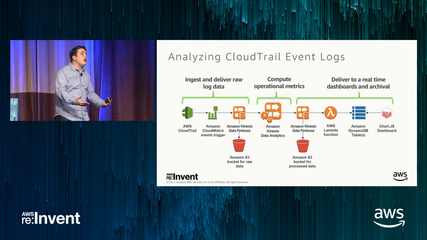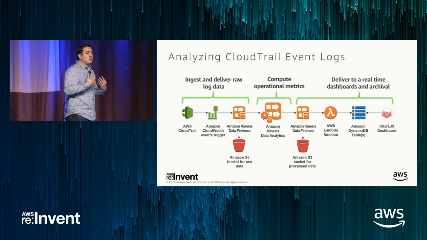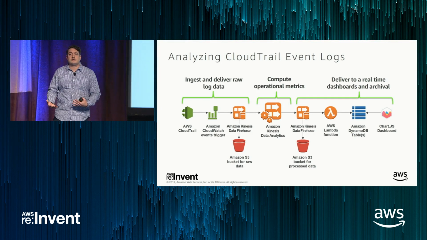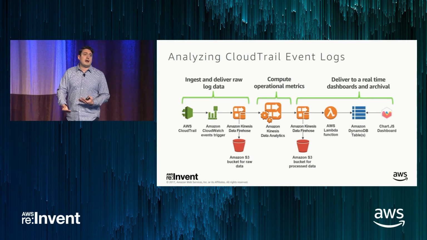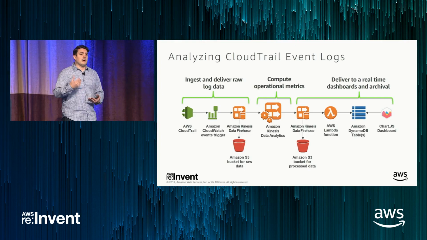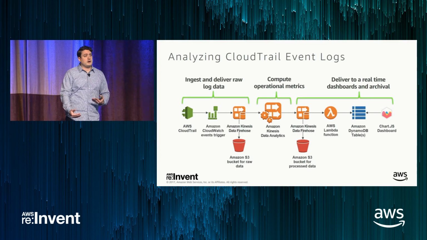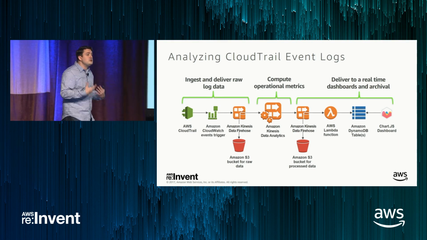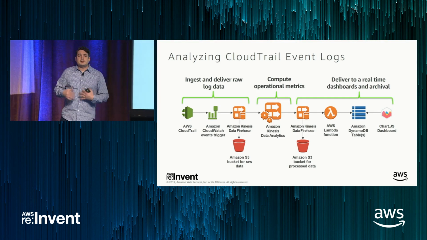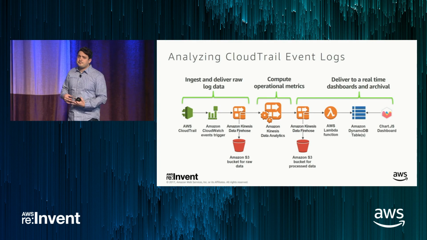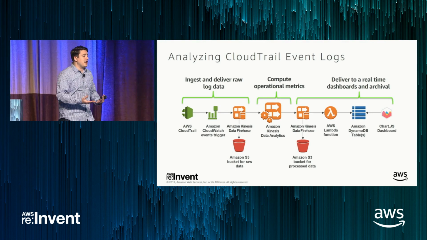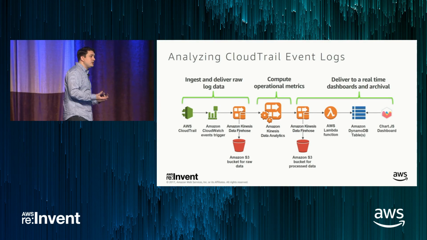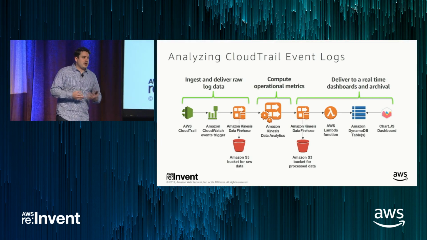So the API calls that you make, when you work with the SDKs or the console, get logged, as well as metadata about the call. The IAM users making the call get logged, whether the request succeeded, a lot of very useful information. People typically analyze these to perform things like audit checks, compliance checks, to track usage, and even for operational use cases.